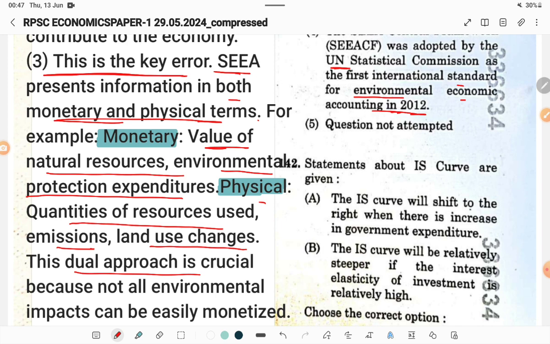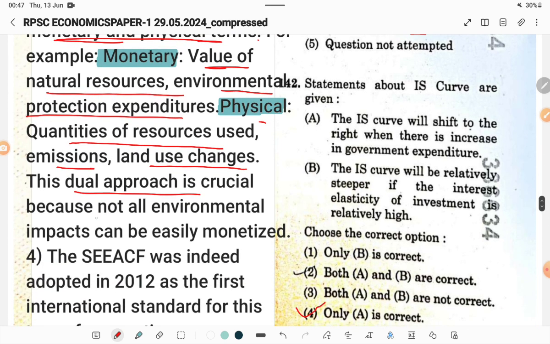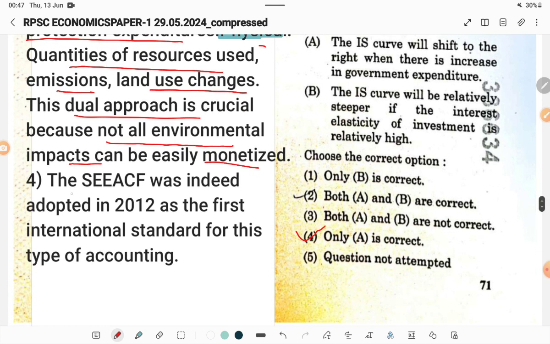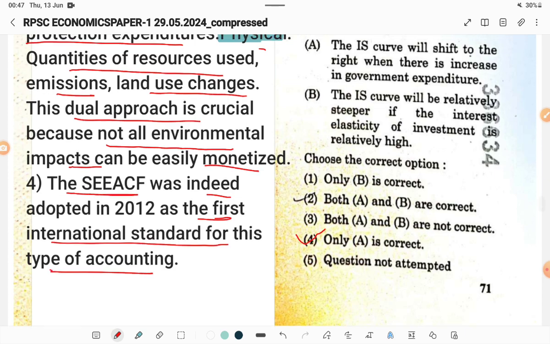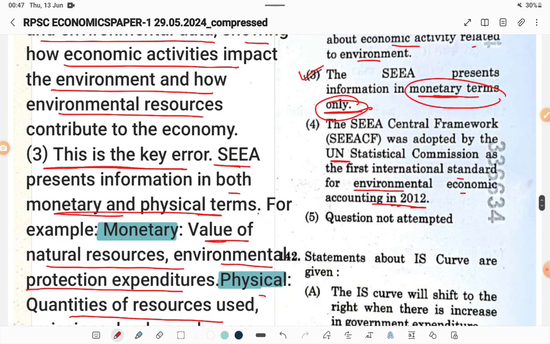This dual approach is crucial because not all environmental impacts can be easily monetized. And about the fourth statement, the SEEA CF was indeed adopted in 2012 as the first international standard for this type of accounting. So the third option will be the right answer here.